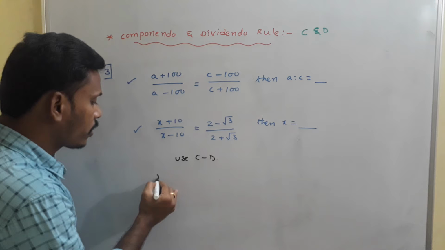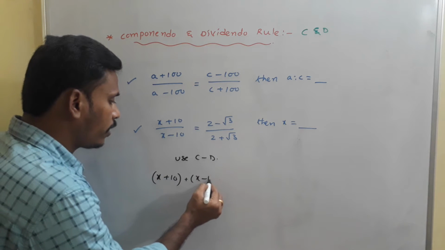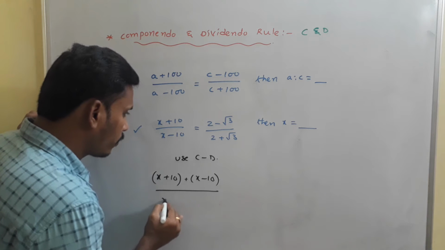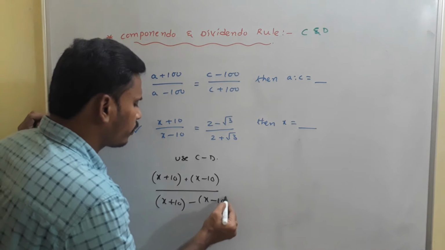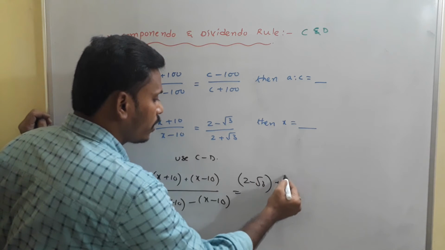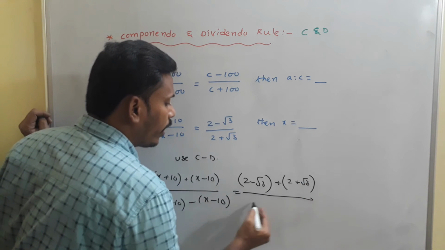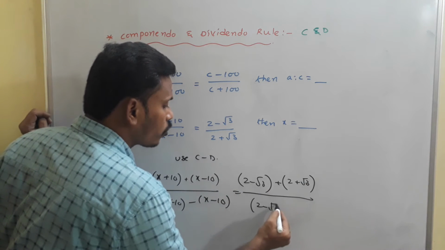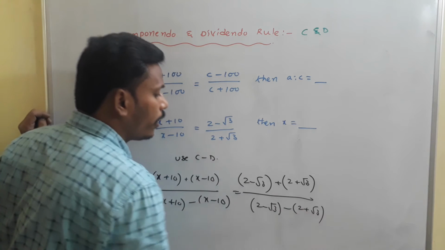This side, see (x + 10 + x - 10) divided by (x + 10 - (x - 10)), and this side (2 - √3 + 2 + √3), numerator plus denominator, divided by (2 - √3 - (2 + √3)), numerator minus denominator.